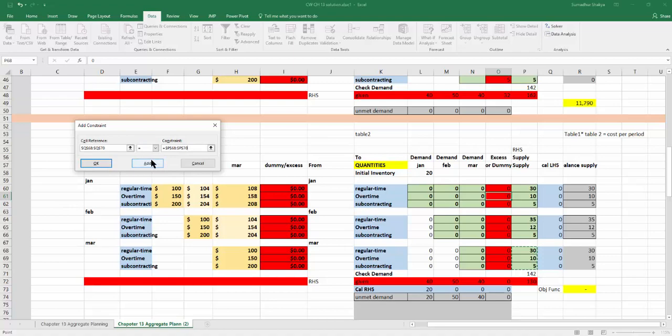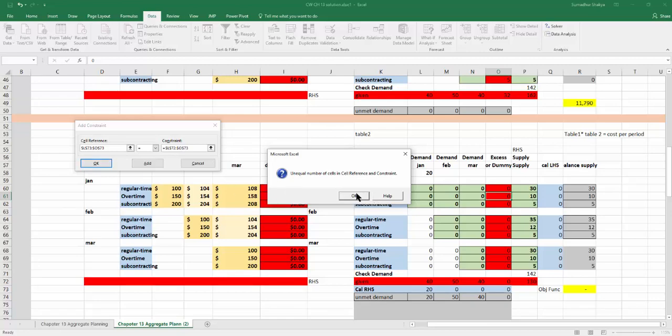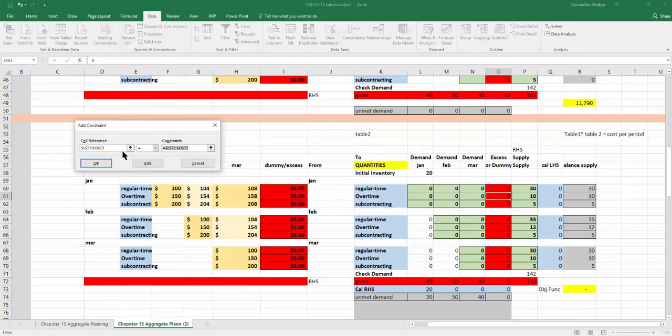Also adding that these blue cells have to be equal to the given. Okay, hit OK. Oops. What did I do wrong? Okay, all 1 2 3 4 cells have to be equal to the given RHS.